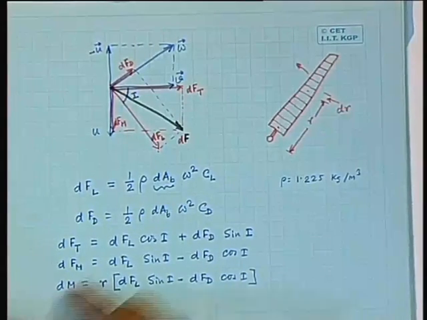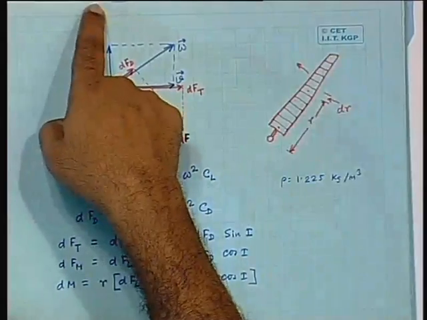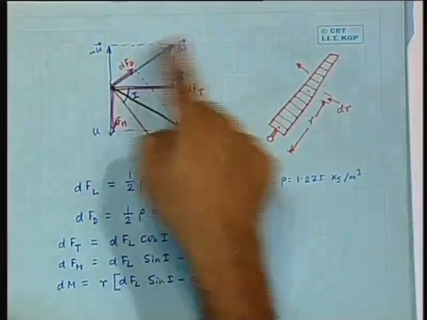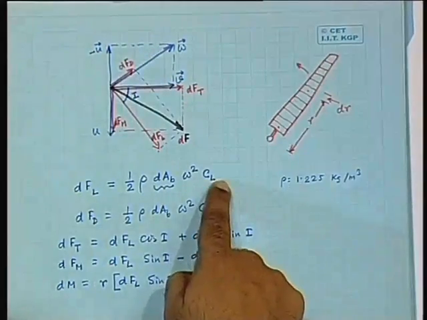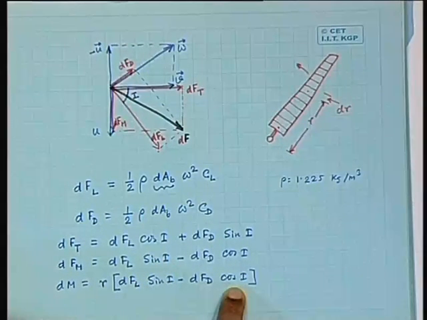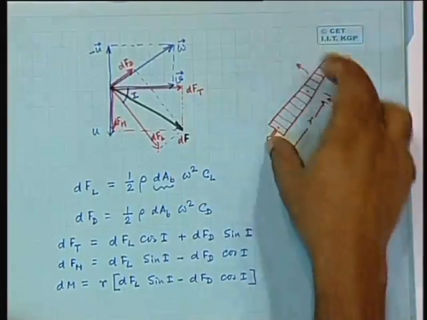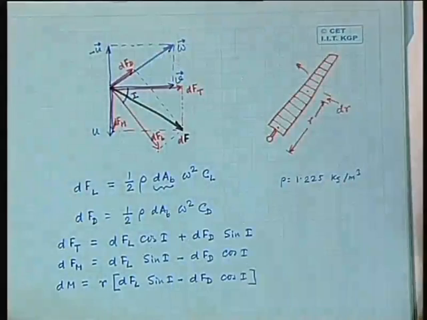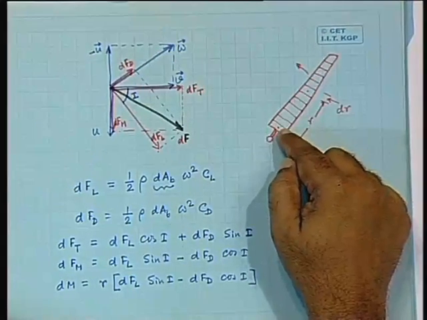Clear? Why? Because at this point u is large, as u is large, w is large, and therefore the lift force is large, and therefore this component will overwhelm this component further. As a result, this part will try to fly off faster than this part.